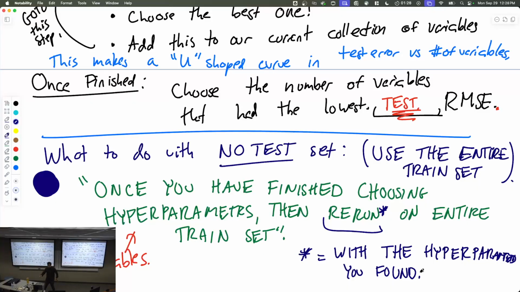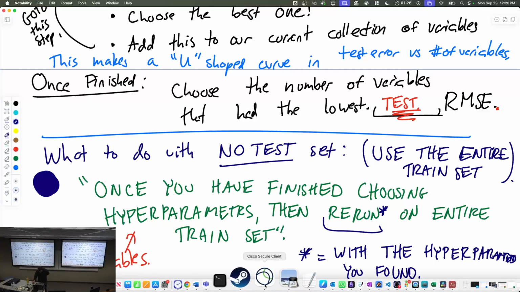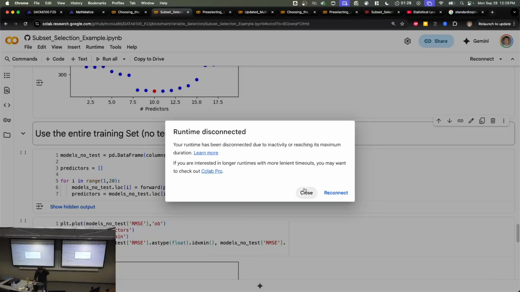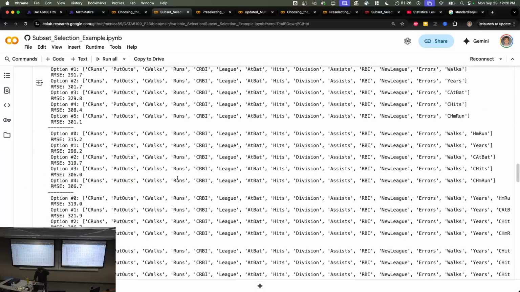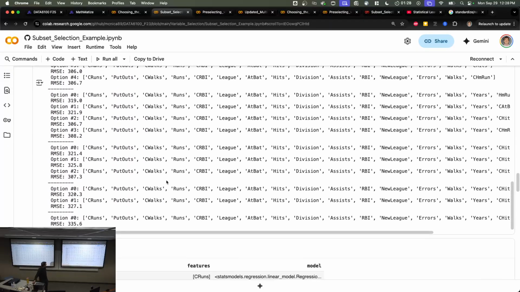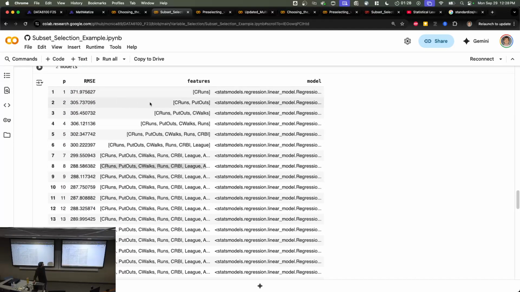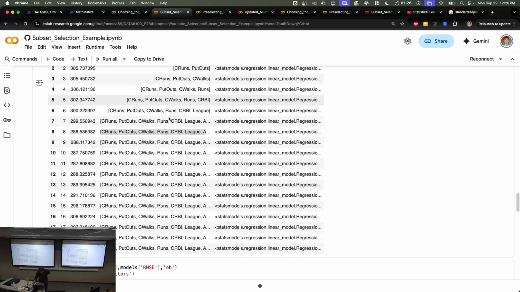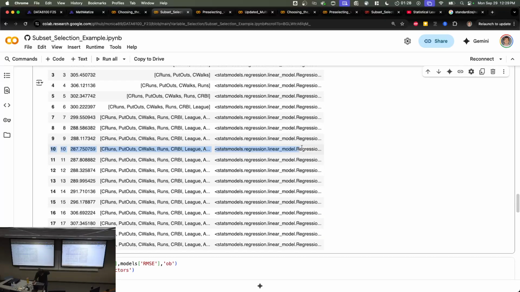So let me give you a very specific example, right? So in the model over here, we did all of this running, and then we generated this nice table of here's our best model with one input. Here's our best model with 2 variables, 3 variables, 4 variables, and so on. And then we said the best model is the one with 10. This was the best one.